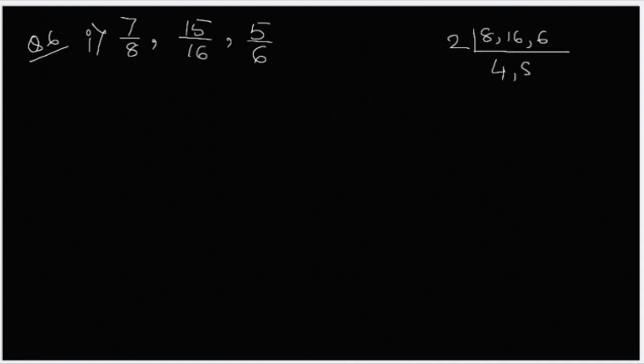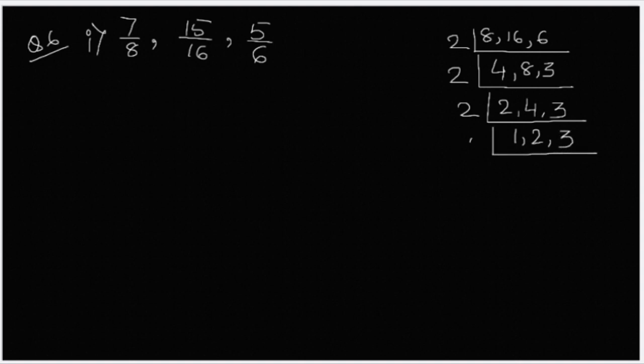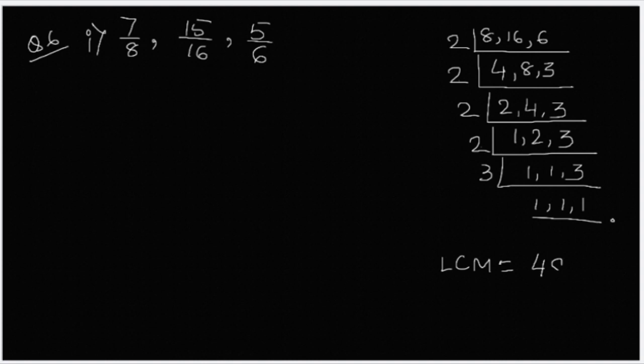2 4s are, 2 8s are, 2 3s are, 2 2s are, 2 4s are, 2 3s are, 2 1s are, 2 2s are, 2 3s are, 2 1s are, 1s are, 3, 3 1 1. Okay, so what is the LCM? 2 2s are 4, 4 2s are 8, 8 2s are 16, 16 3s are 48.